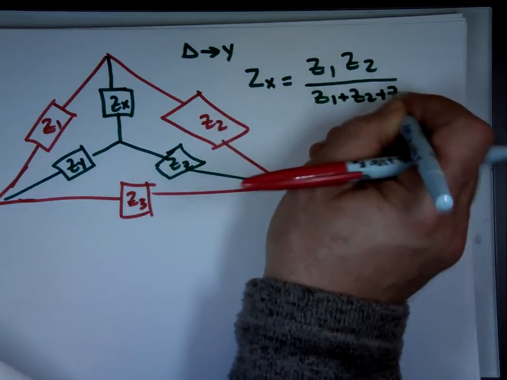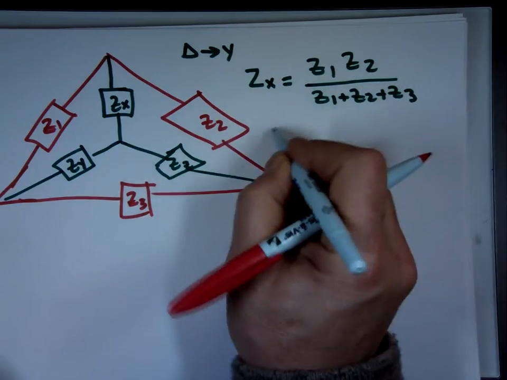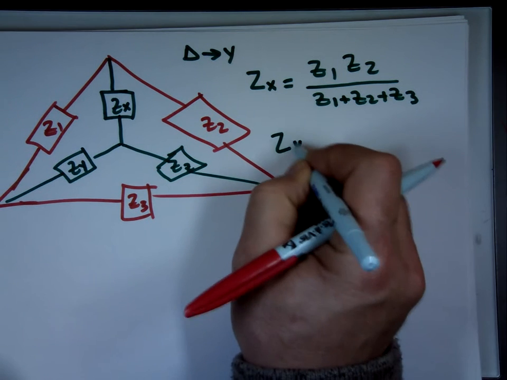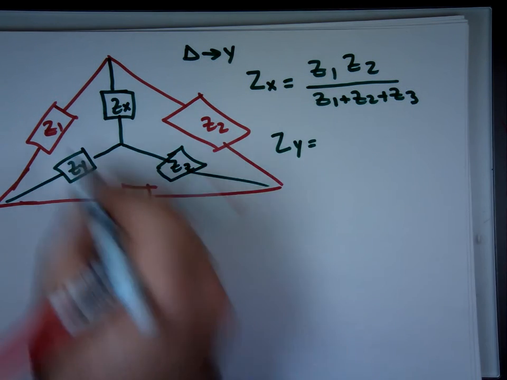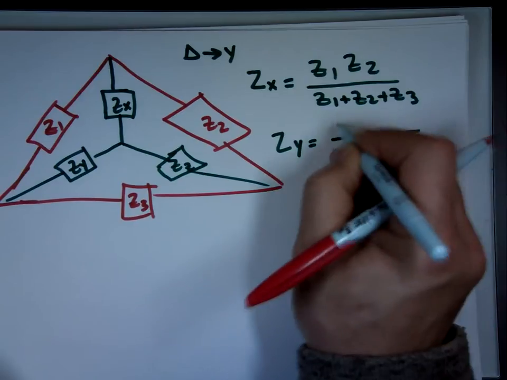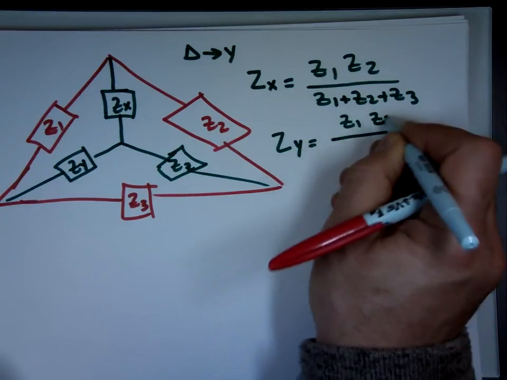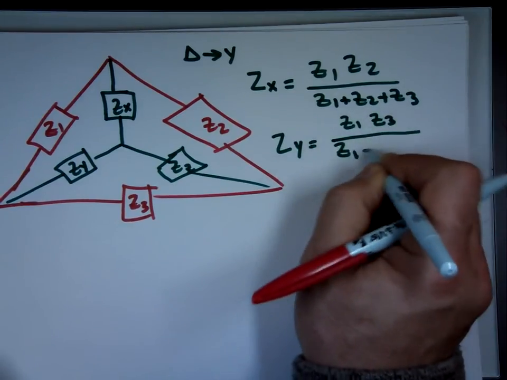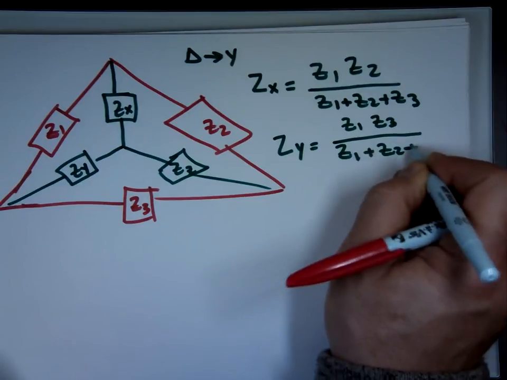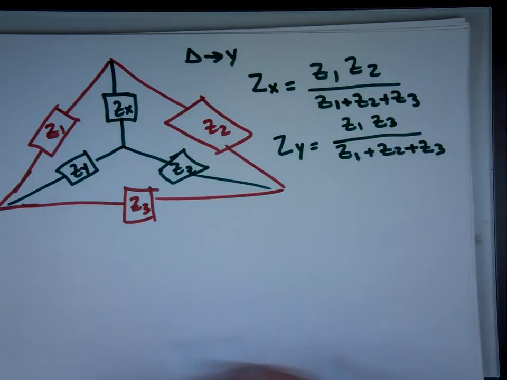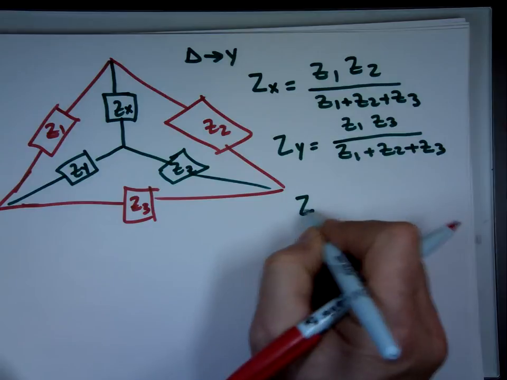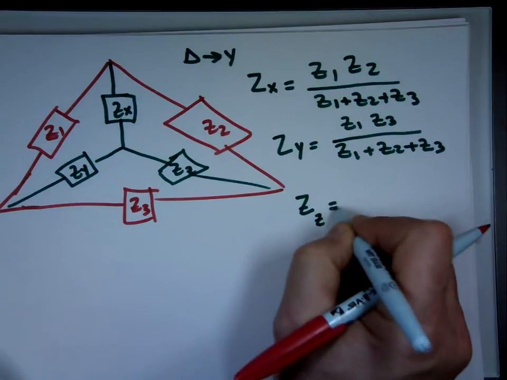And Zy, the ones surrounding that, 1 and 3. And Zz is, that's this one, the surrounding Z2 and Z3.